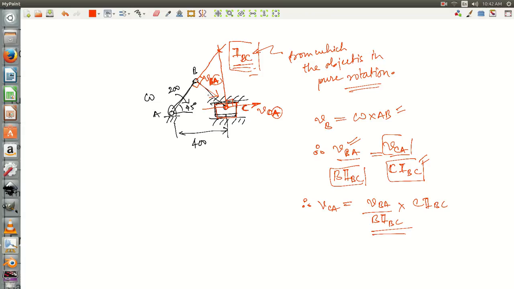Let us say that there is one point E on this link BC and we have to find out the velocity of point E as well.